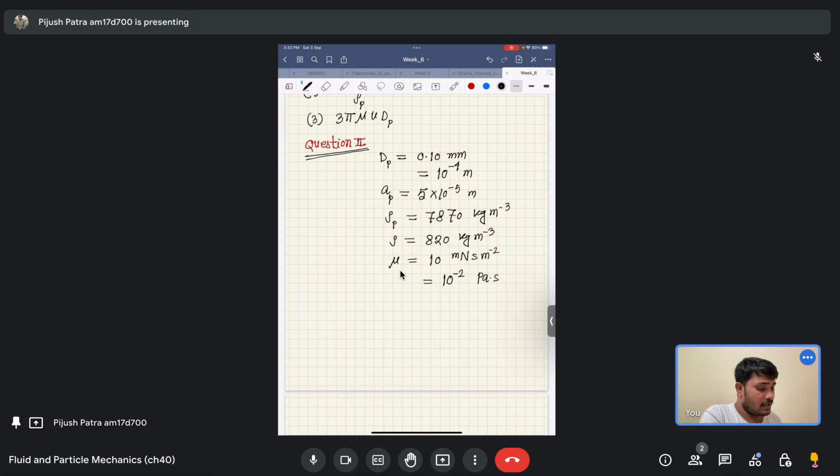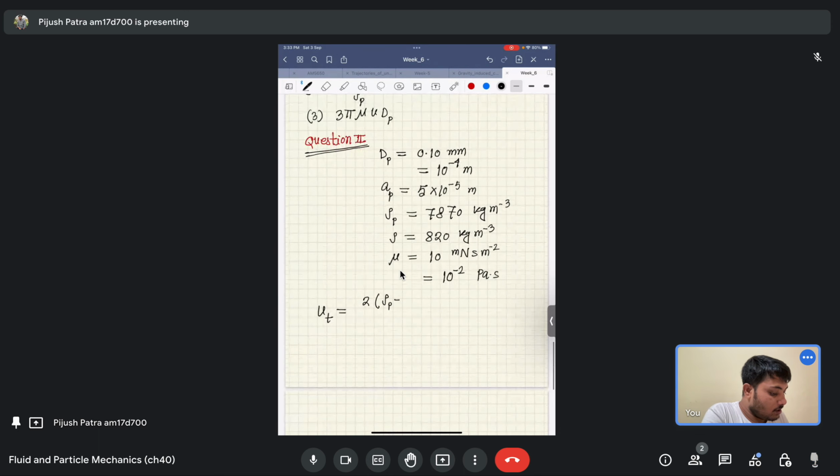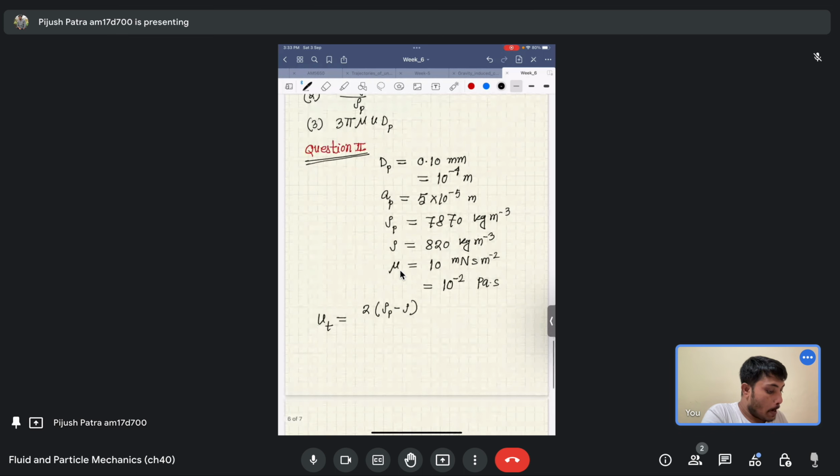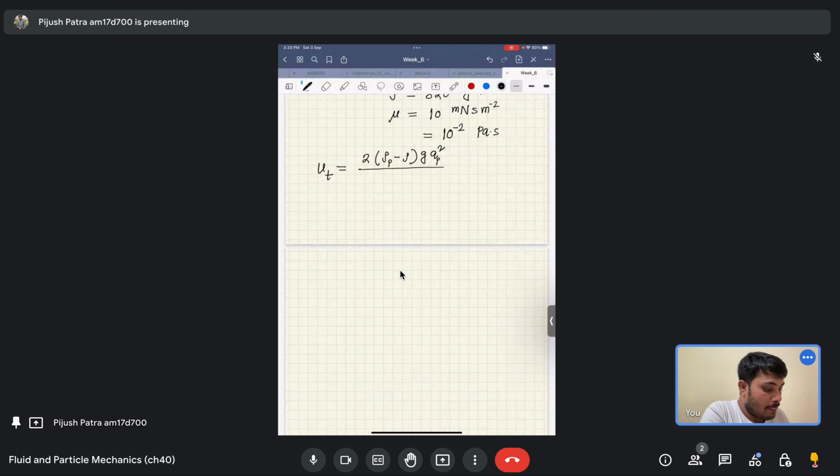So what is the terminal velocity of the particle? ut is equal to, I have derived the expression for ut, 2 into (rho p minus rho) g ap square divided by 9 mu. Okay, this is the formula.